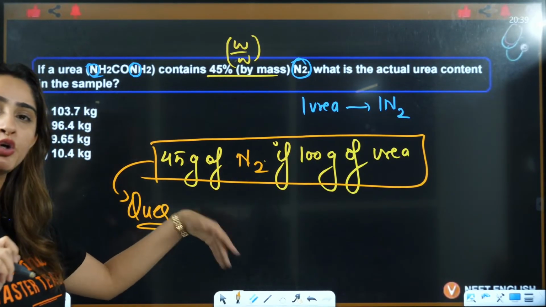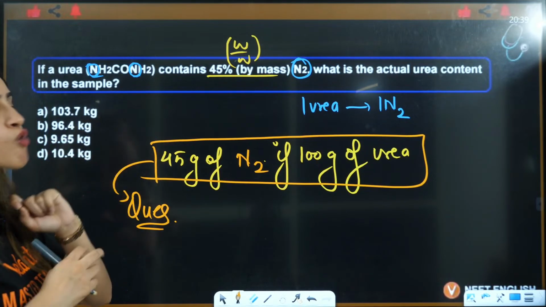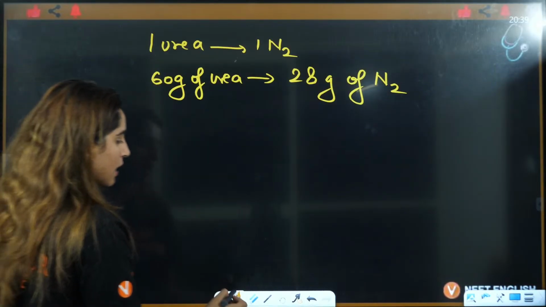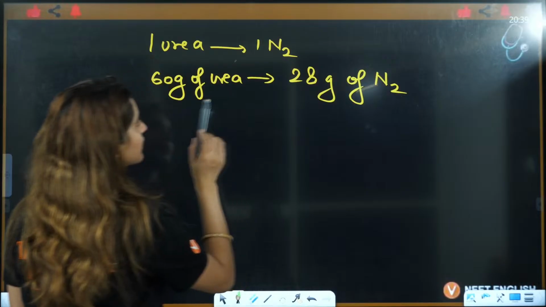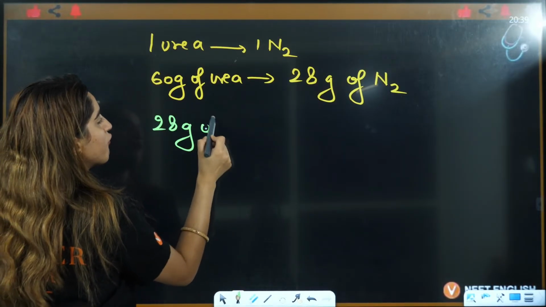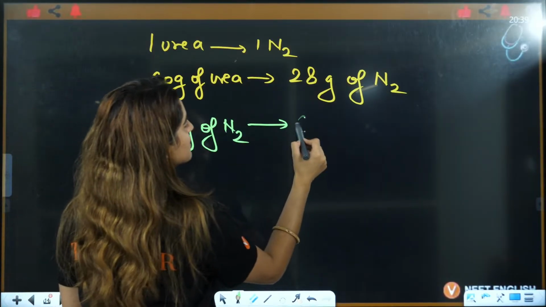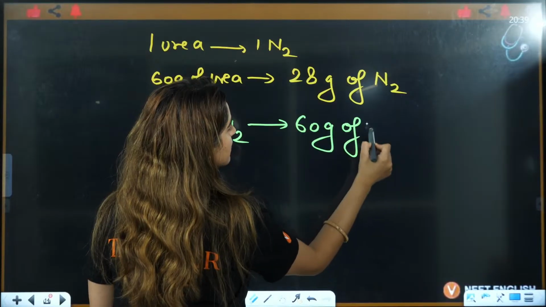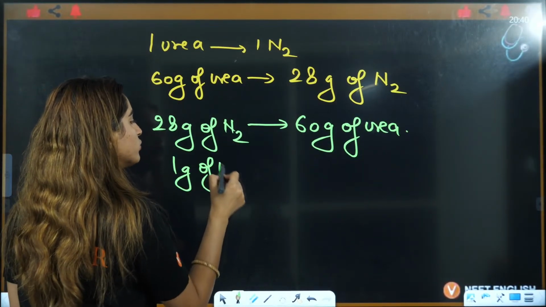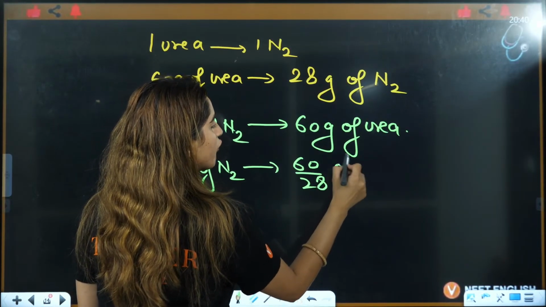Now, what you need to do, you just apply the unitary method. They are asking you actual urea content here, right? So what you can write here, 60 gram of urea has 28 gram of N2. Then 1 gram of N2 will give you 60 by 28 of urea.